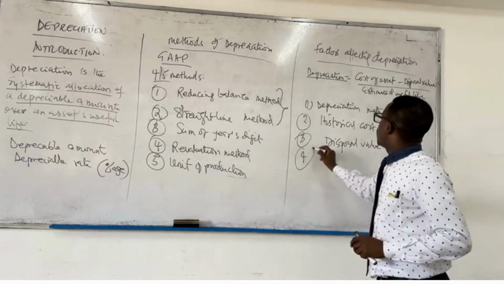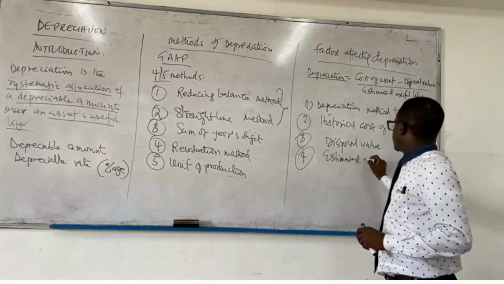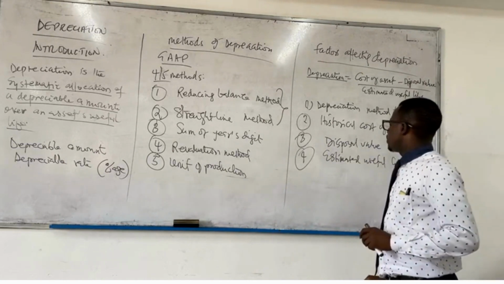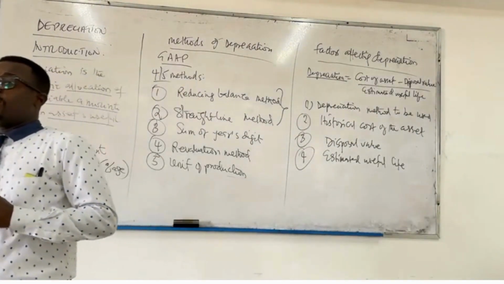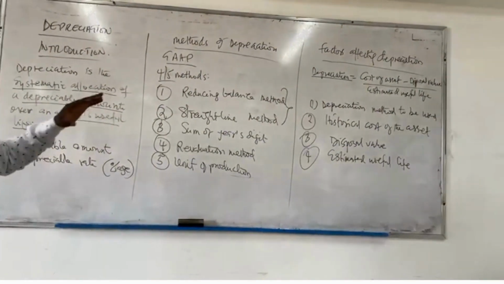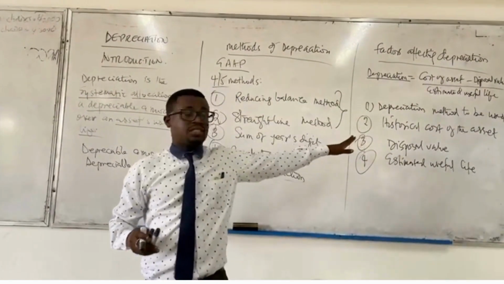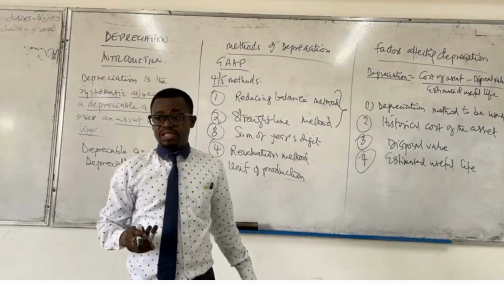Then 4, the estimated useful life. So you can list these 4, and you should use a sentence each to give the definition for each of the factors affecting depreciation.